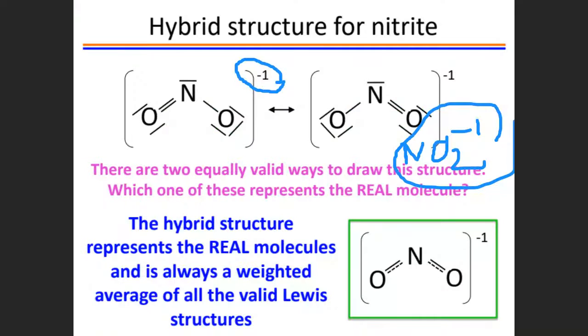So when we make this, I think I drew it somewhere. Yeah, here we go. I will draw a little bit here: what actually happened, why we do it like that, and why both are correct. Go back to the blackboard. So we are talking about nitrite, NO2 with negative 1 charge.